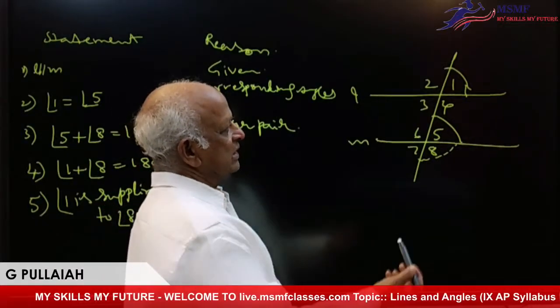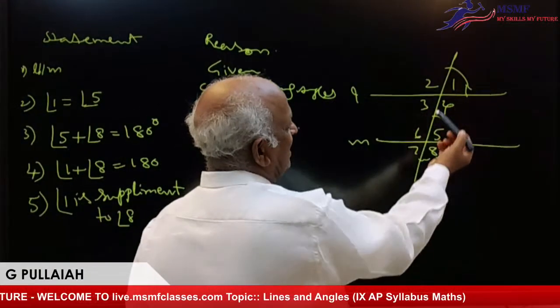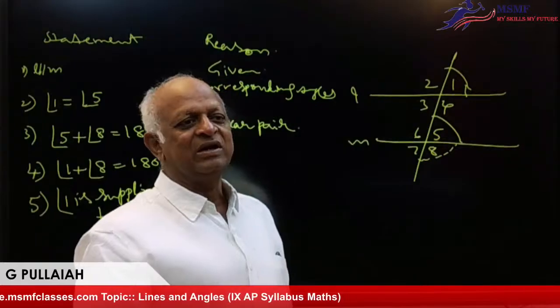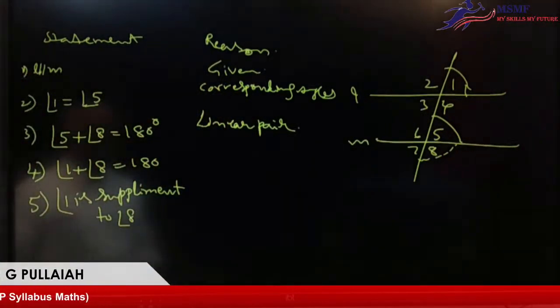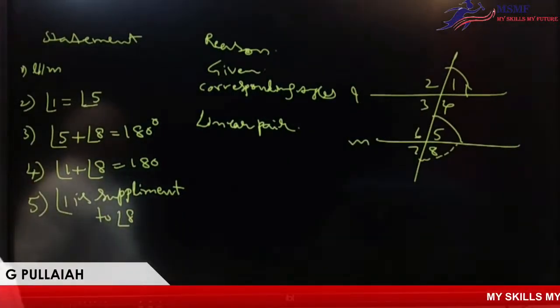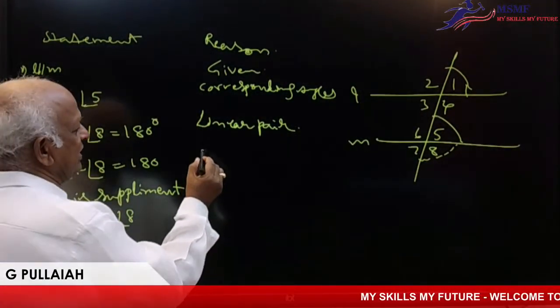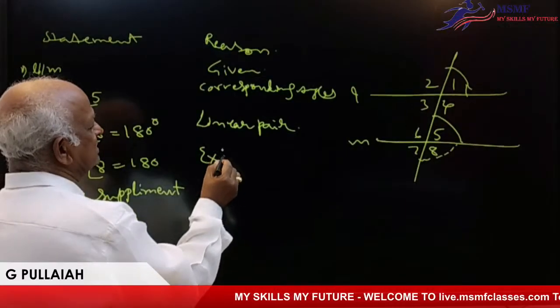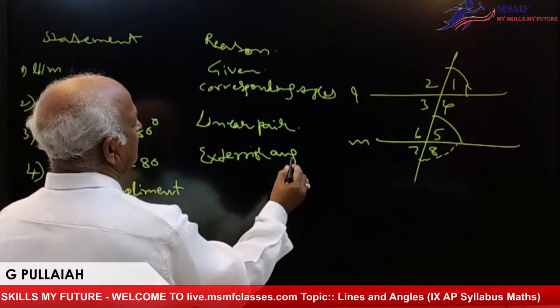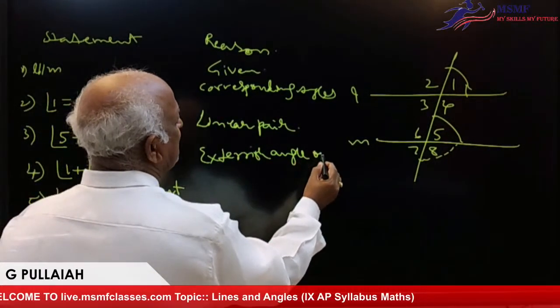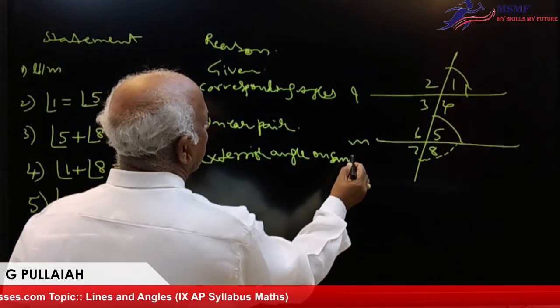The exterior angles on the same side of the transversal are also supplementary. So therefore you can say angle 1 plus angle 8 are supplementary. These are the exterior angles on the same side of the transversal.